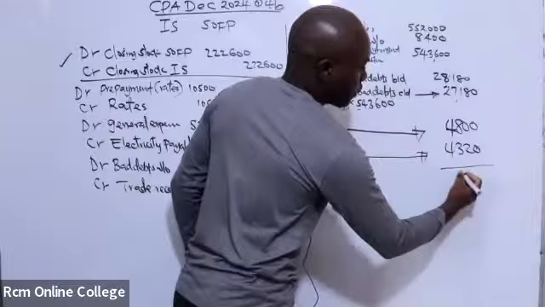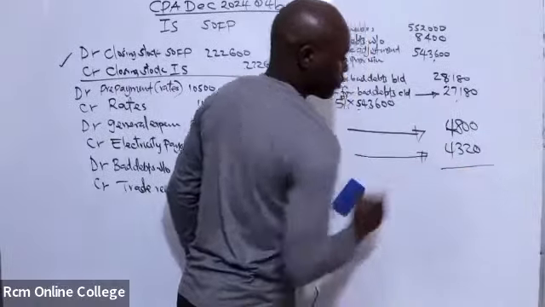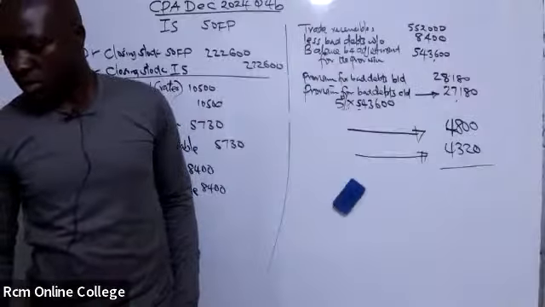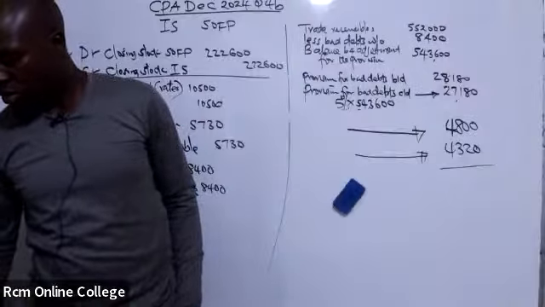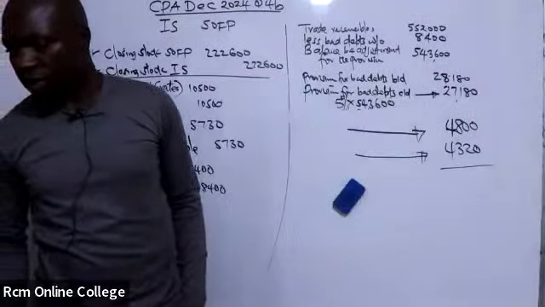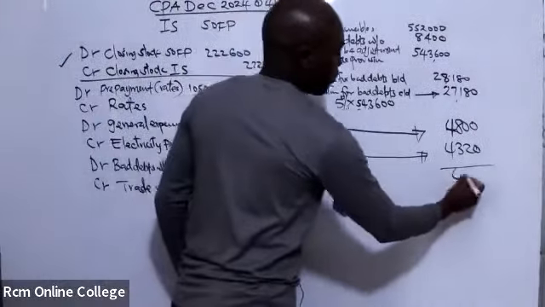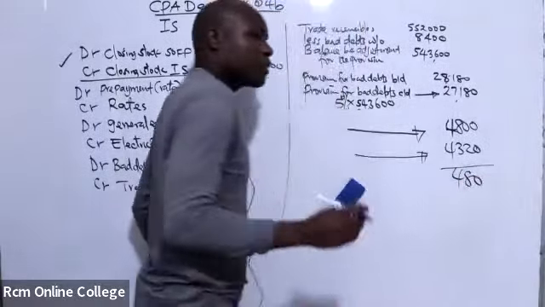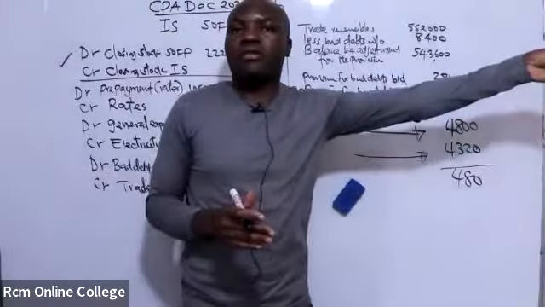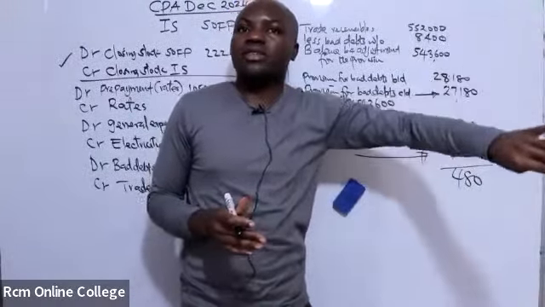Is it 520 or 480? 480, correct? Whatever you've kept for yourself, you provided for CPA FA, but you actually were charged a lesser amount.